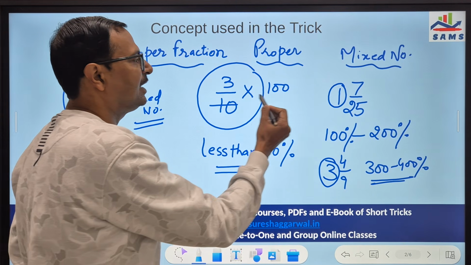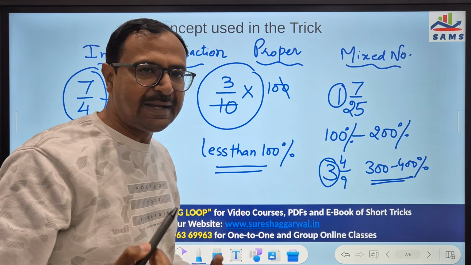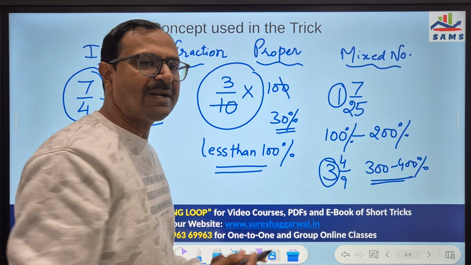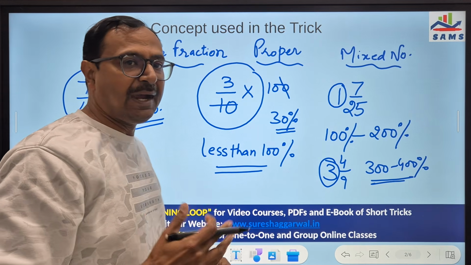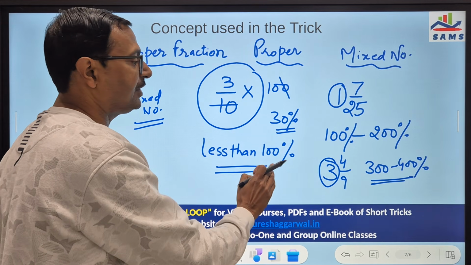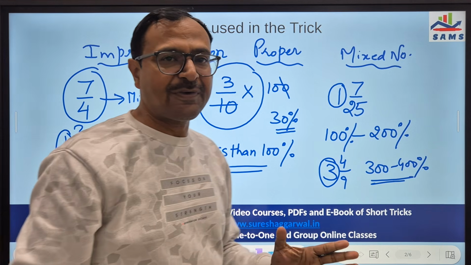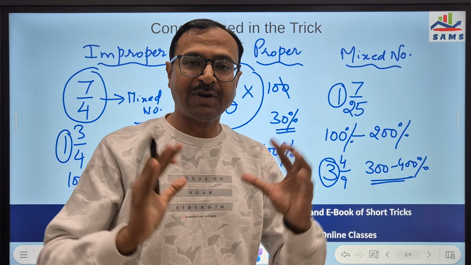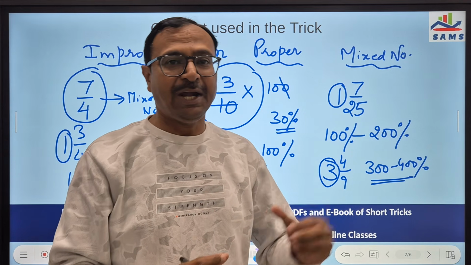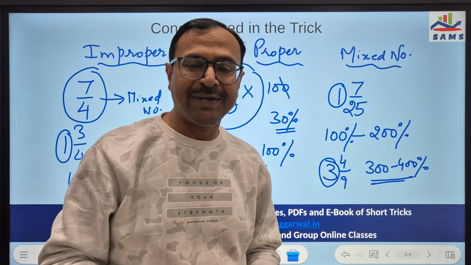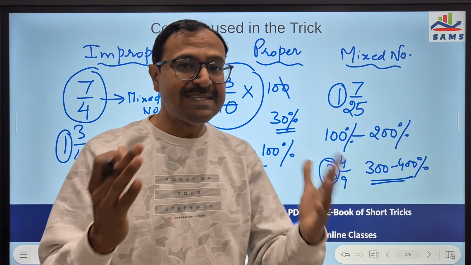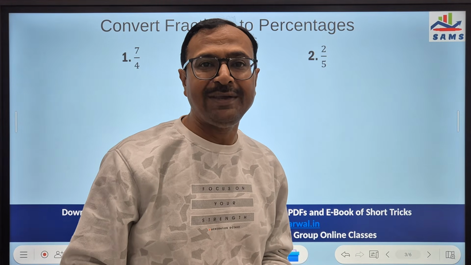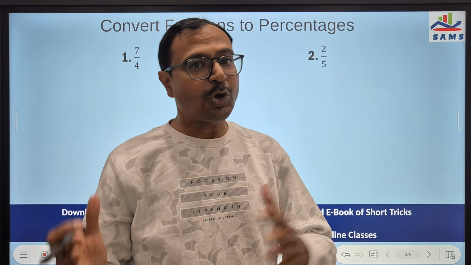Like in this case 10 cancels 100 exactly 10 times, so 10 into 3 will be 30%, and this is the percentage equivalent of 3 by 10, and obviously it is less than 100% because it is a proper fraction. Likewise, you need to carry on doing question after question to understand the concept and to dive into it, and that makes things easier for you. So now I think it will be easier for you to understand what I am doing here and why my answer is correct or incorrect.